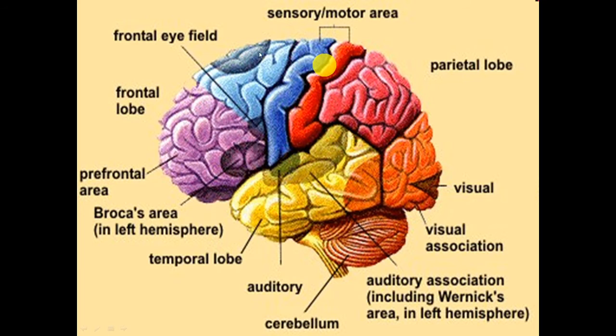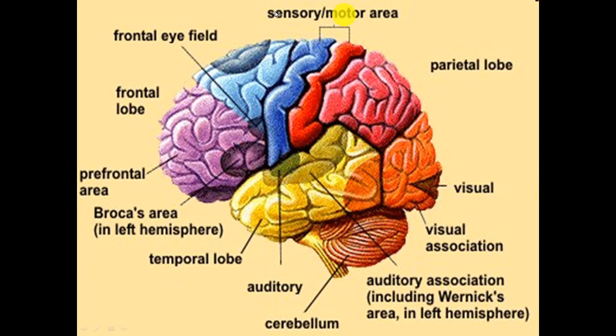This central sulcus has two gyri adjacent to it. So you can see we've got this front gyrus that's blue, and we have this back gyrus that's behind the central sulcus that's red. The blue gyrus is called the precentral gyrus, and it is for motor control.